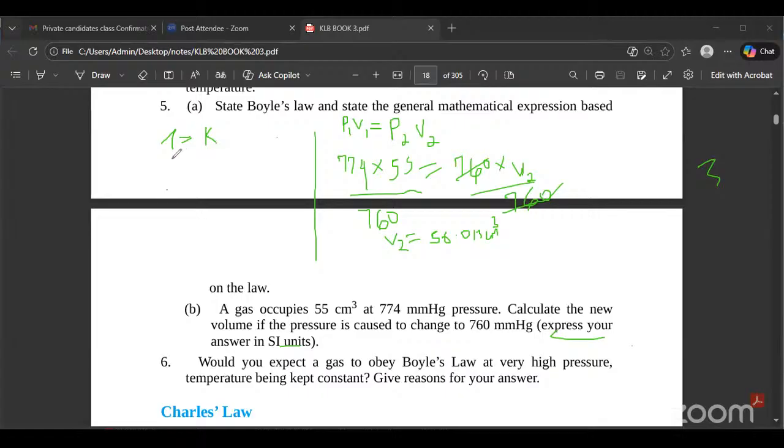The SI unit of pressure is Pascal. But most of the time, because of the many units we can use, we also have 1 Newton per meter square, which is also correct, and we normally use that one most of the time.